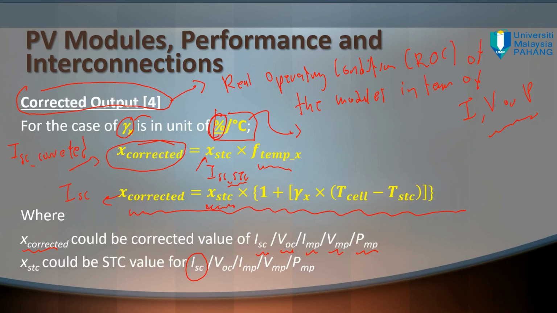So this is the ISC STC multiplied by 1 plus the temperature coefficient, T cell minus TSTC, the previous equation, where TSTC is 25 degrees C. So this is the form for the percentage.